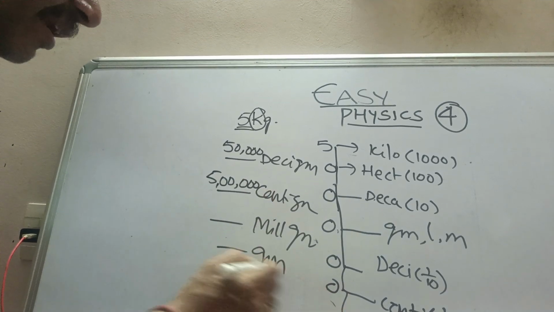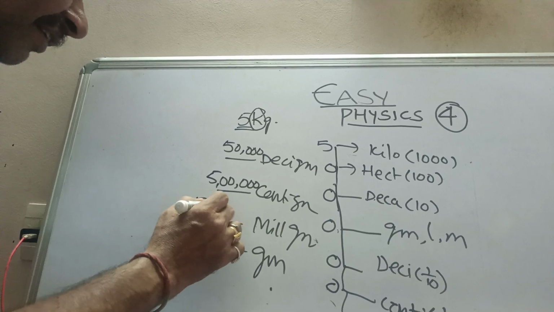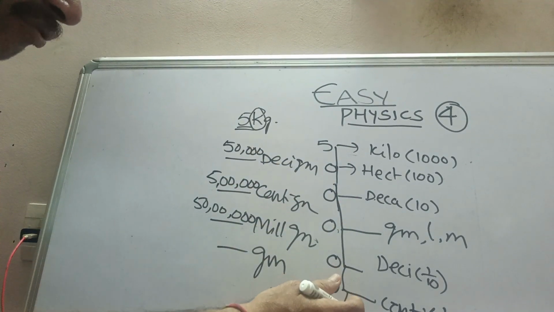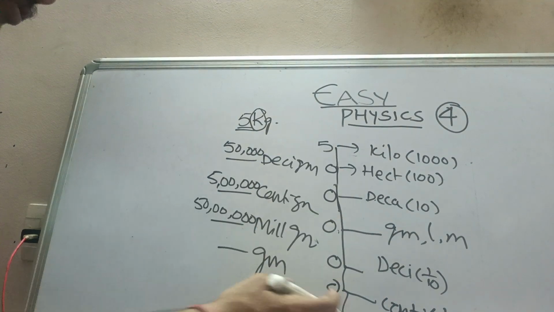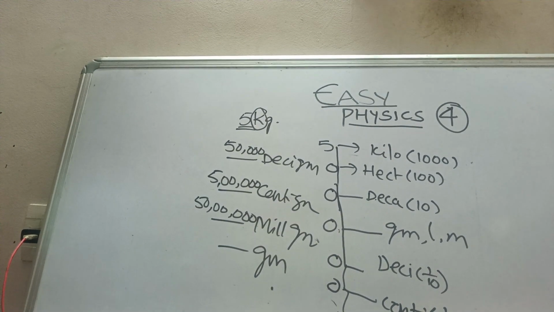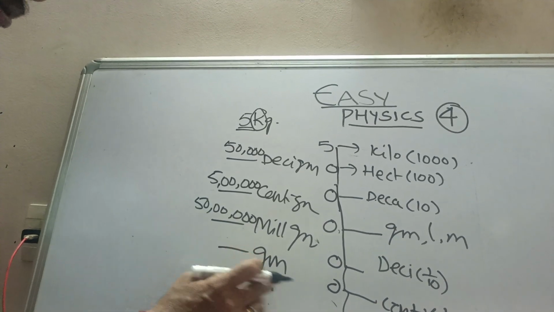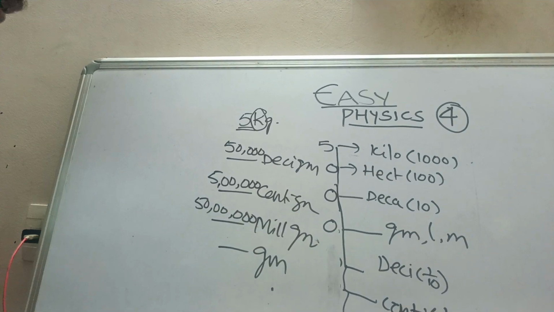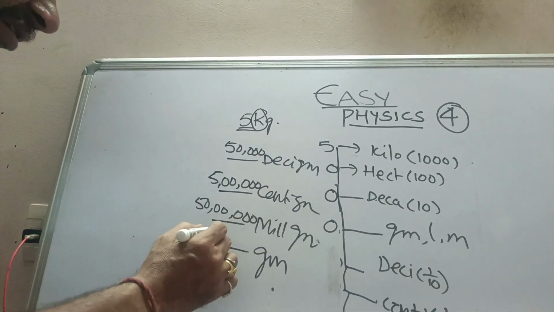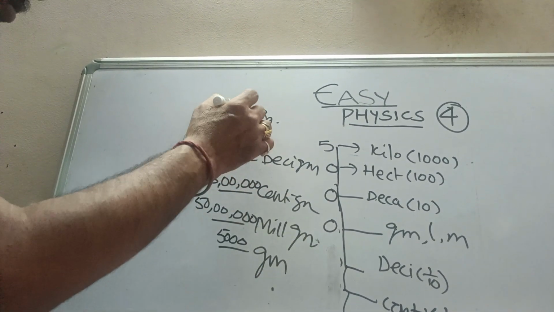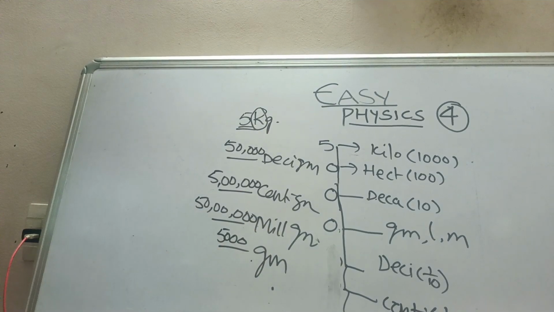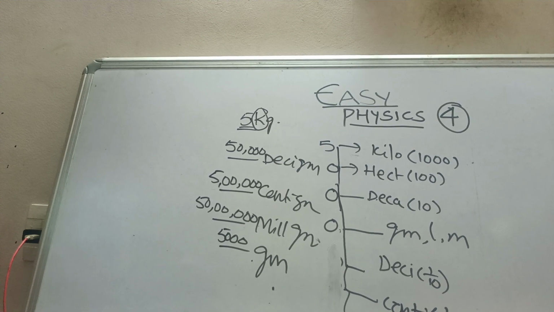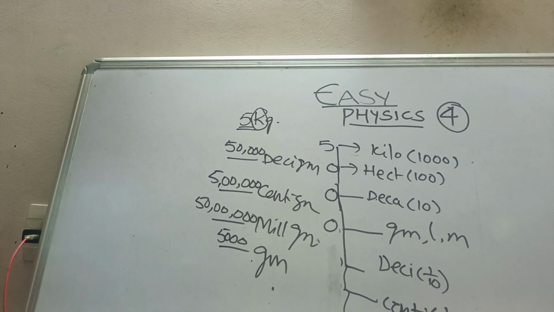If it is milli, 50 lakh. Simple. You keep 5 and to whichever extent you have to convert, you keep that many zeros. If you want grams, it doesn't require these zeros because the gram is there itself. So this is 5000. It means 5 kilograms is equal to 5000 grams, 50,000 decigrams, 5 lakh centigrams, and 50 lakh milligrams.